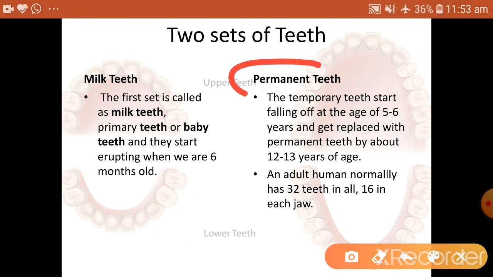When all the milk teeth start falling off, they get replaced with the permanent teeth by about 12 to 13 years of age. An adult human normally has 32 teeth along with the wisdom teeth, 16 in each jaw. This is known as permanent teeth.